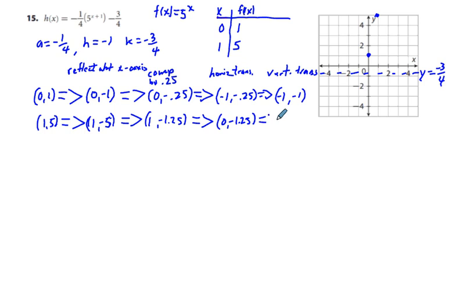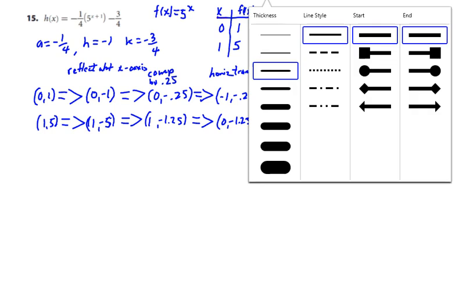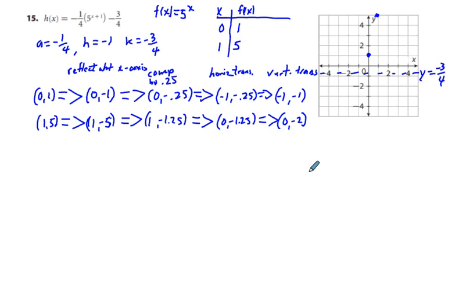And the last thing we're going to do is vertically translate, which is changing this negative 1.25. We're going to subtract 3/4. So we're going to get negative 2. Now I'm going to do the rest of this in red. So we're going to have negative 1, negative 1, so right here.